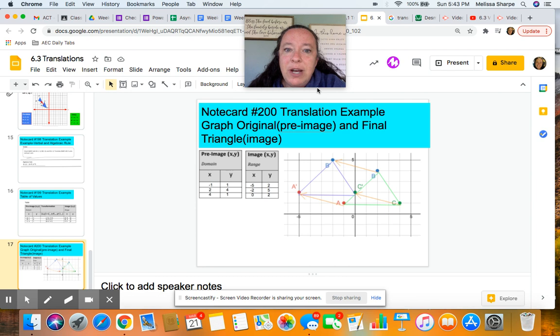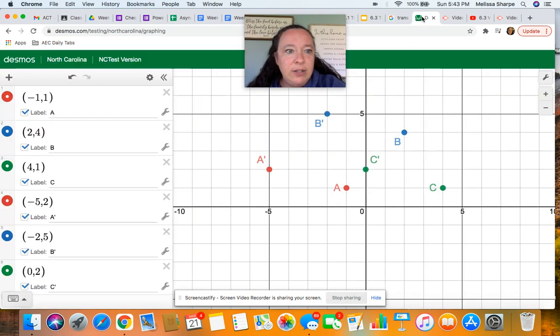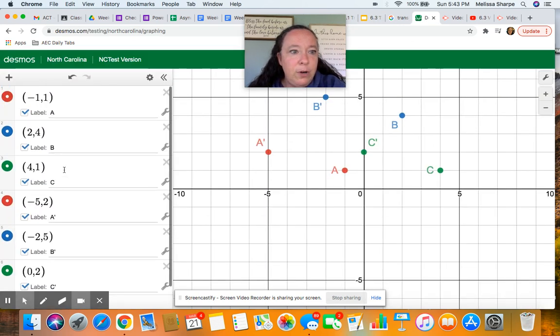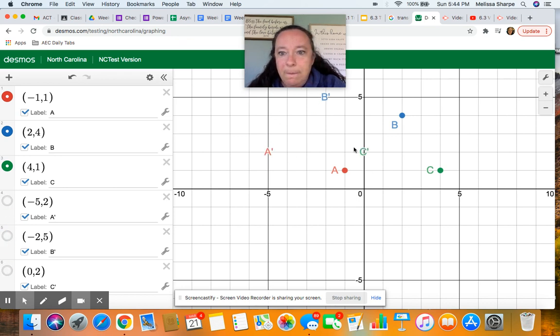All right, note card 200. It's the same example, but I want you to graph the original, which is the pre-image, and the final, which is the image. And so what I did is I went on Desmos, and I actually put ordered pairs, and I had them label them for me. So like I could take these off the labels there so you can see.